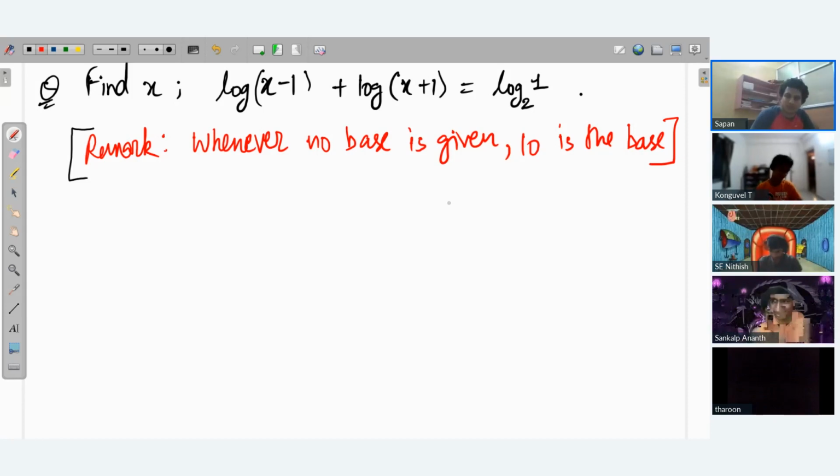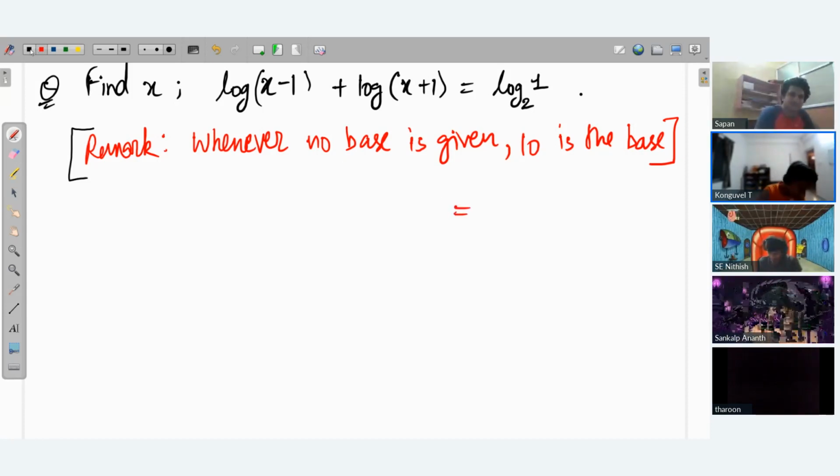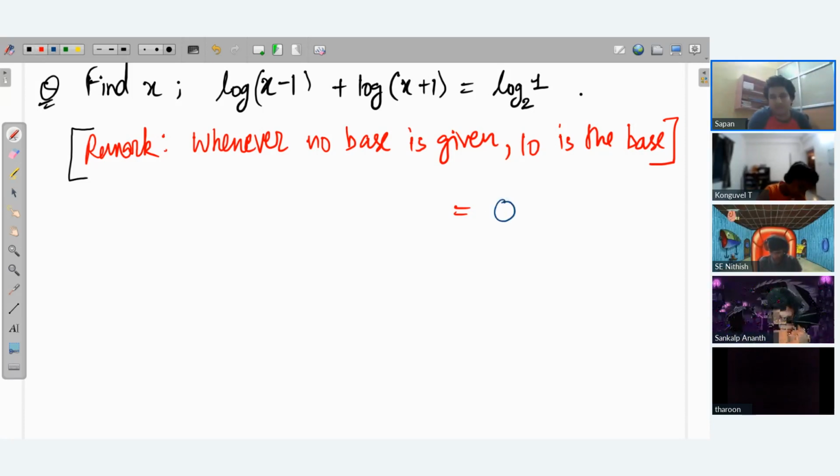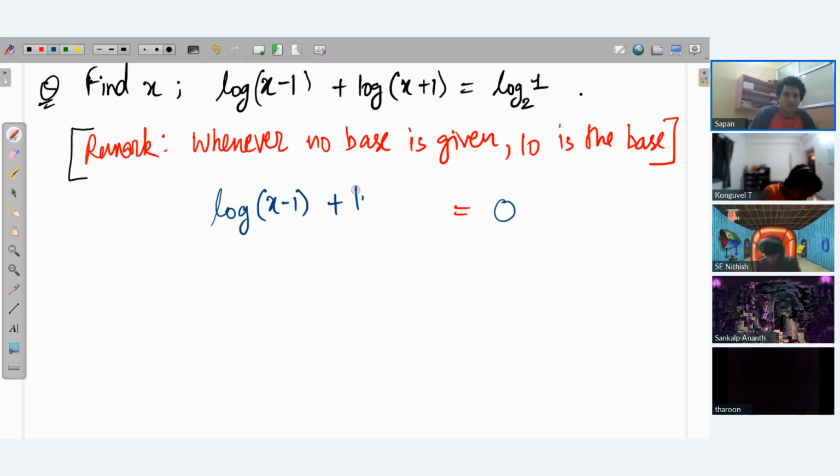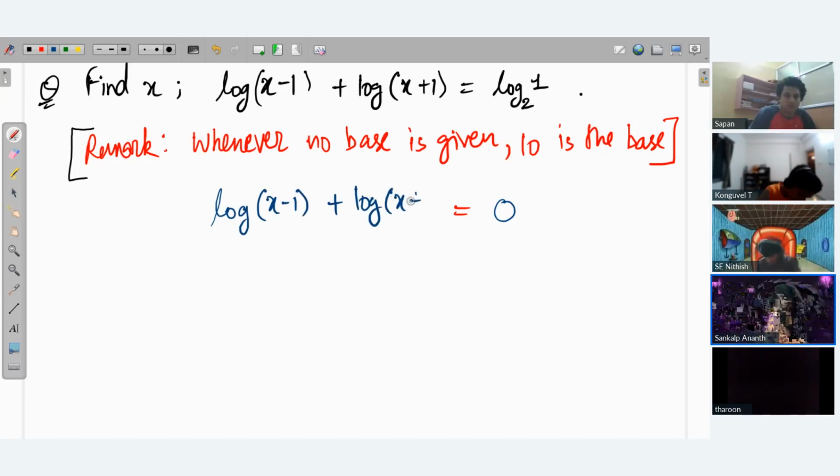Certainly you will see that the right hand side is 0, right, sir? Because 2 when raised to 0 power, then only it gives 1. No other number can. Now the left hand side is log x minus 1 plus log x plus 1.